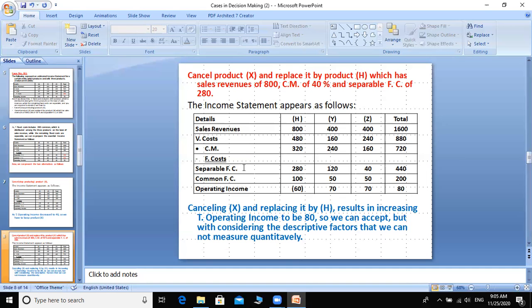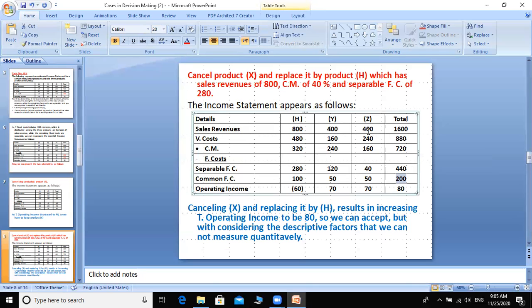Regarding the common fixed cost, the same 200 will be allocated to H, Y, and Z according to sales value. H has 800 sales value.